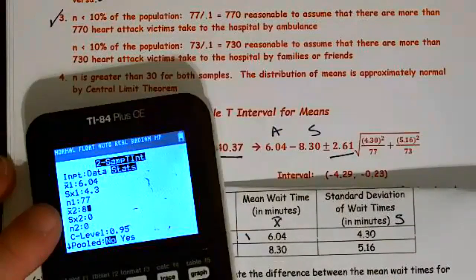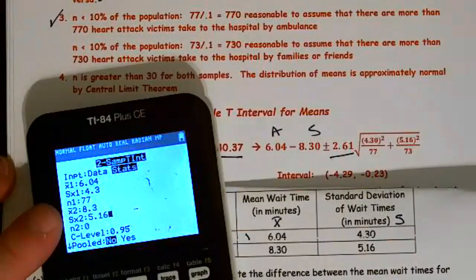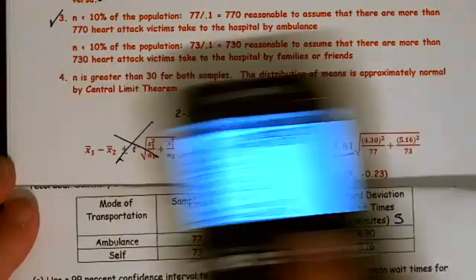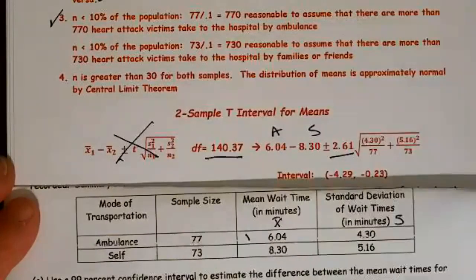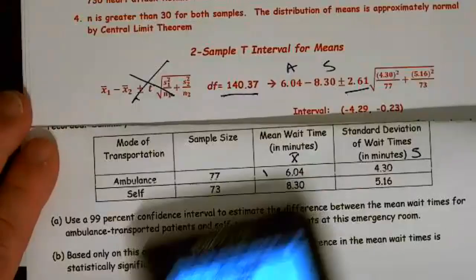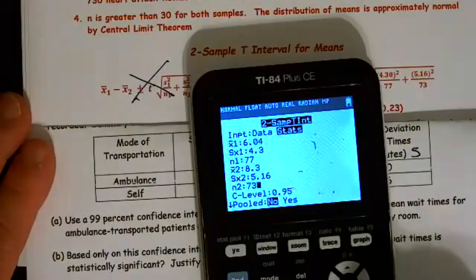Then I have a mean of 8.3, a standard deviation of 5.16, and a sample size of 73. And they want a 99% confidence interval. So I'm going to plug in 0.99.